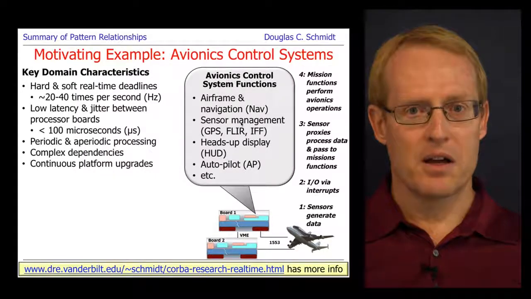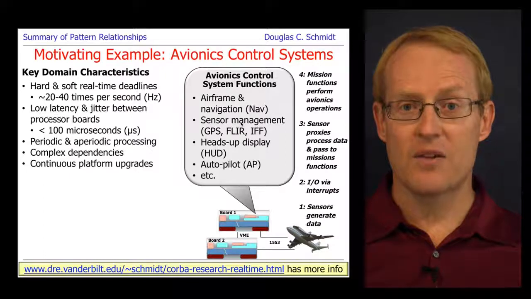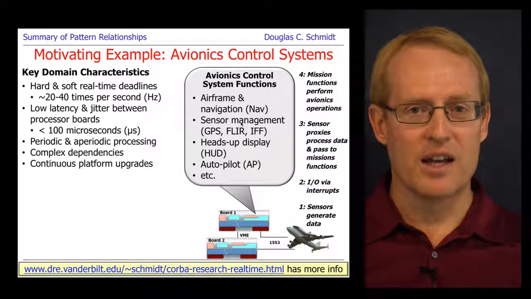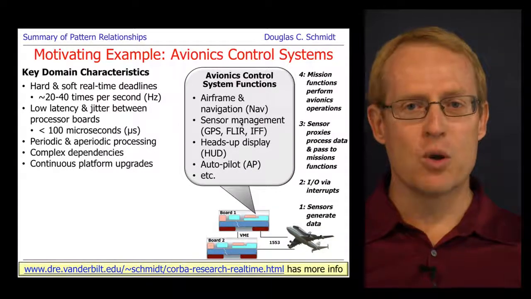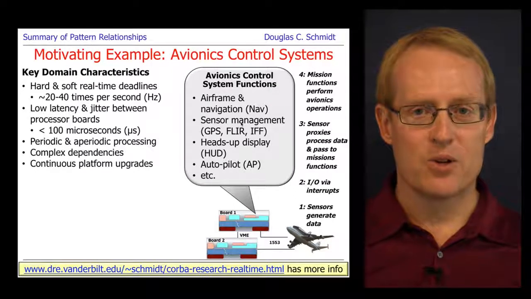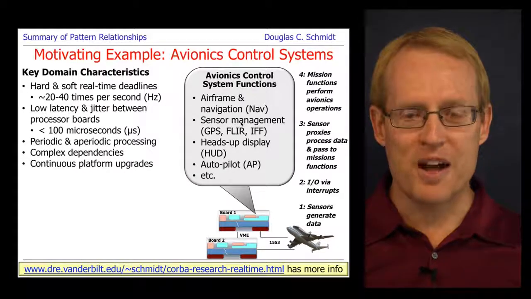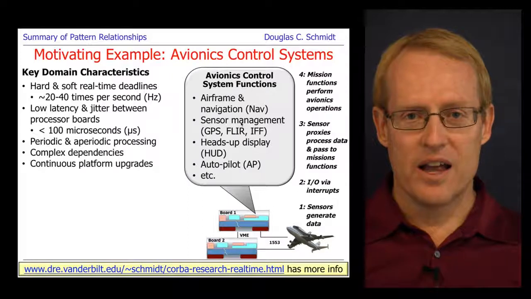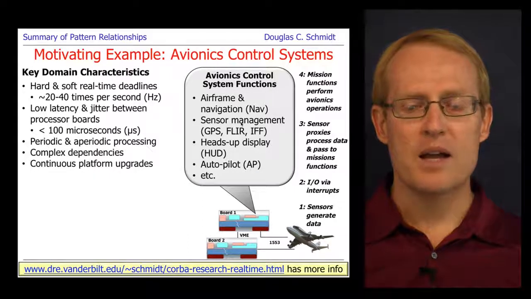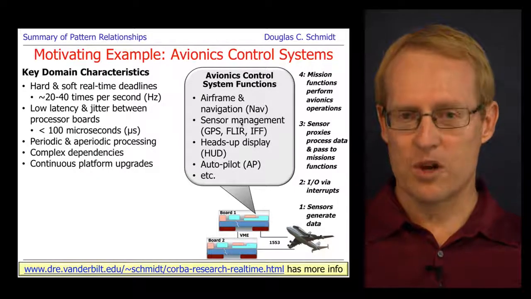They typically have a number of hard and soft real-time deadlines, things that either must get done or the airplane starts to spiral out of control, or we'd like to have them done in order for the airplane and the pilot to do a more effective job of their mission, which could be getting the passengers to their destination safely and fuel efficiently, or putting out forest fires, or surveying a certain area to look for survivors after some kind of disaster, etc. Typically, these deadlines tend to run within what's called frames.